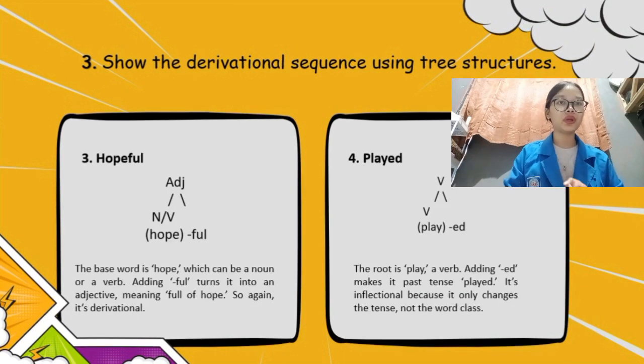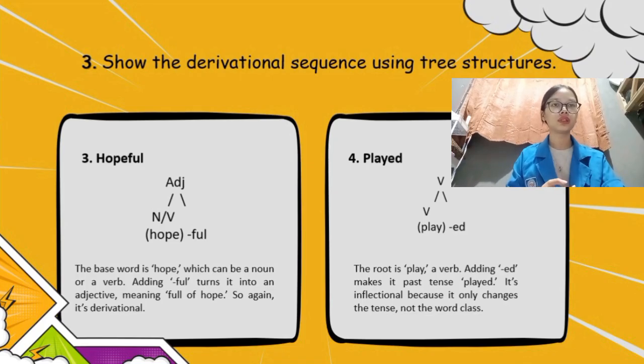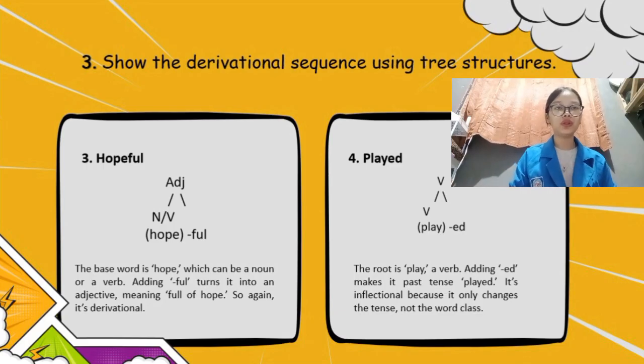Next, in number three, we have hopeful and played. The base word hope, which can be a noun or verb, adding -ful turns it into an adjective, meaning full of hope.